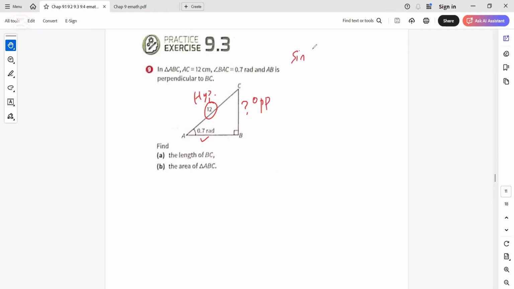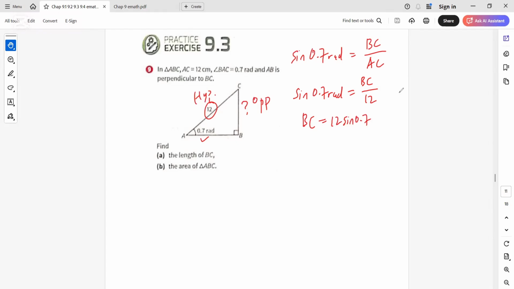So sine 0.7 rad equals BC over AC, so sine 0.7 rad equals BC over 12. So BC equals 12 sine 0.7.